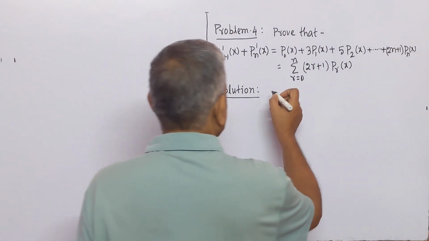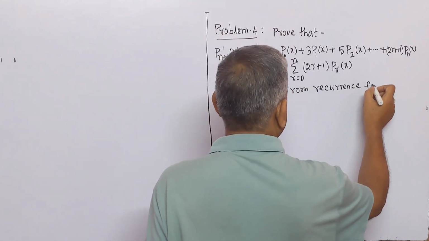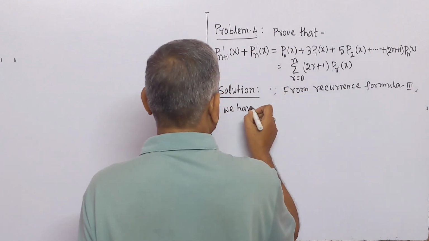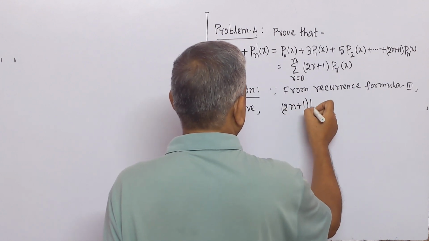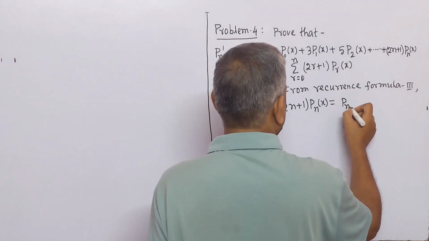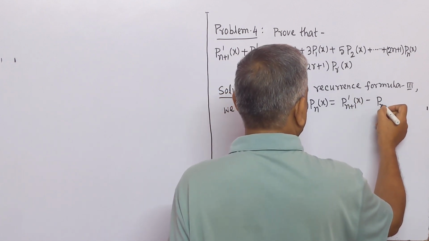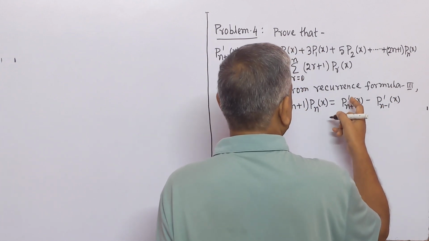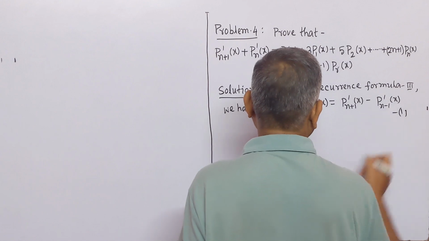Solution. Since from recurrence formula theory we have (2n+1) P_n(x) = P_{n+1}'(x) - P_{n-1}'(x). Prime means derivative with respect to x. This is number 1.